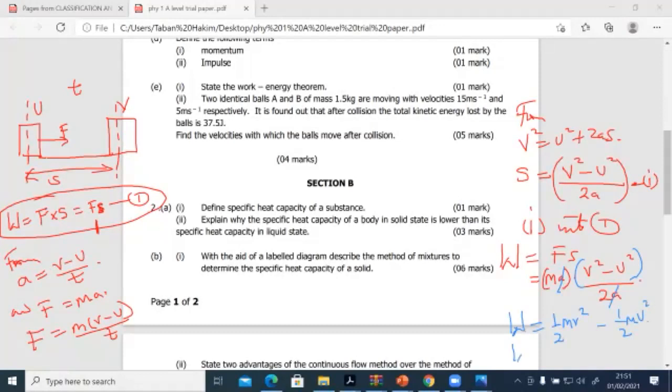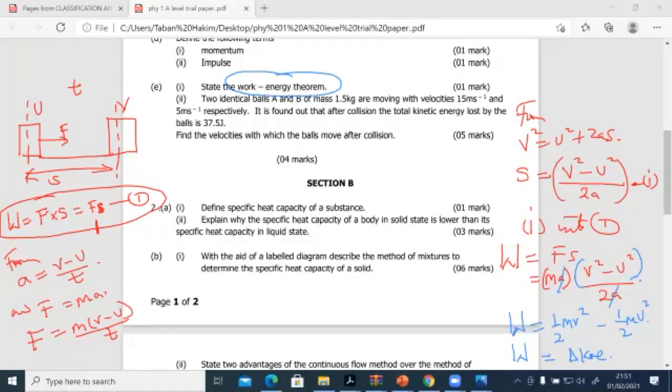So our work is the same as the change in the kinetic energy. And that is what Rodney has mentioned to us, that the work energy theorem states that when a force acts on a body, the work done is equal to the change in the kinetic energy of that body.